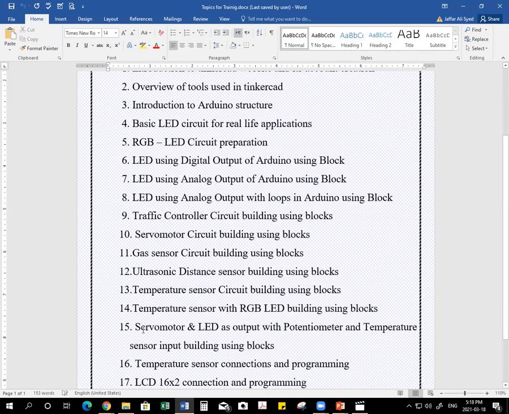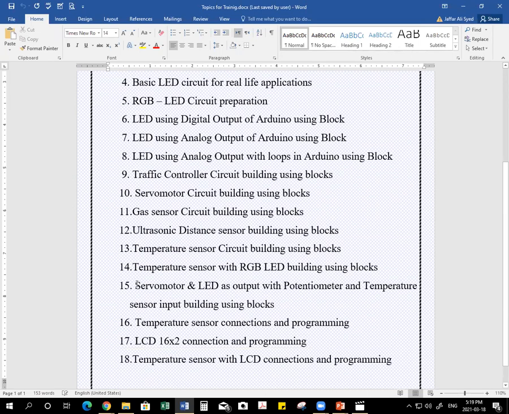Another one is servo motor and LED as output with potentiometer and temperature sensor input building using blocks. Up to 15 we are using block sets to build a circuit.